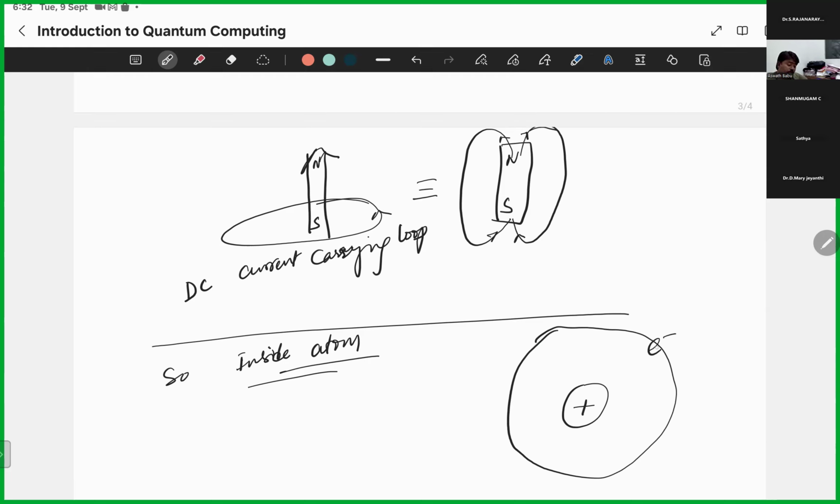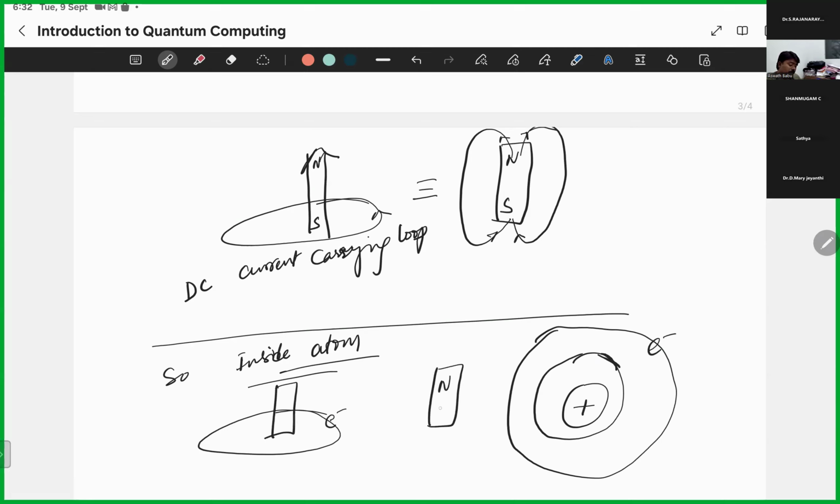It can stay in the outermost orbit or it can come to the innermost orbit. Whenever the electron is revolving around that orbit, it is just like a current carrying loop. So the electron revolving around is going to create a small bar magnet with north and south pole.